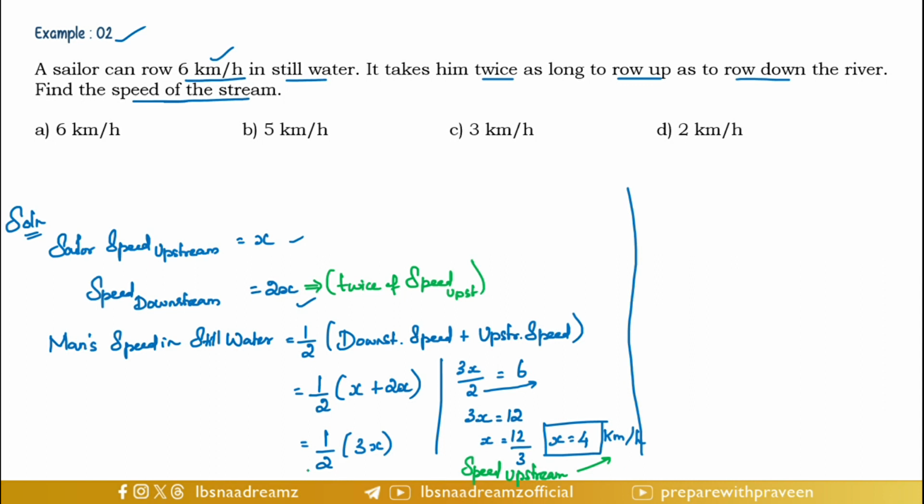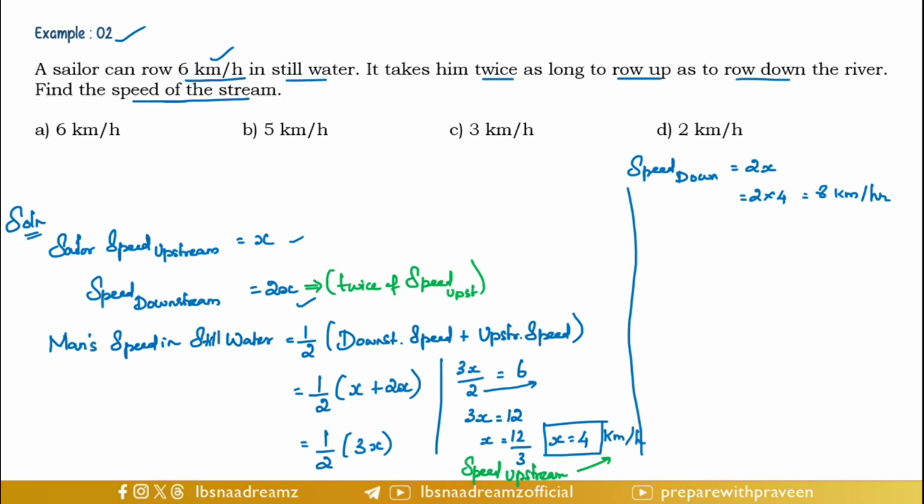Now we have to find downstream speed. That is 2x, equal to 2 into 4, that is 8 kilometer per hour.